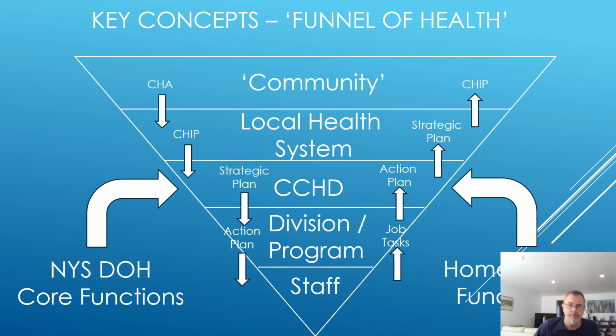They do their jobs, and they do their job tasks, and those action plans feed into achieving our strategic plan goals. Our strategic plan goals feed into achieving the CHIP, achieving the goals that New York State gives us, or the goals that we might have through our home care organizations, our home care functions. Okay.